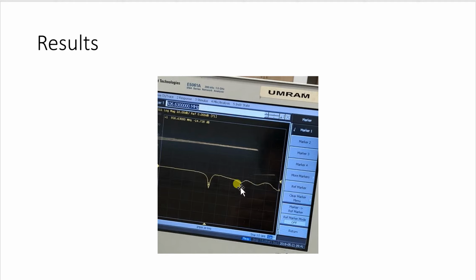The others are much higher than this one. The reason behind that is the dimensions. And as you can see, my cutoff frequency is 926 megahertz, which is approximately 900 megahertz. It's good enough.